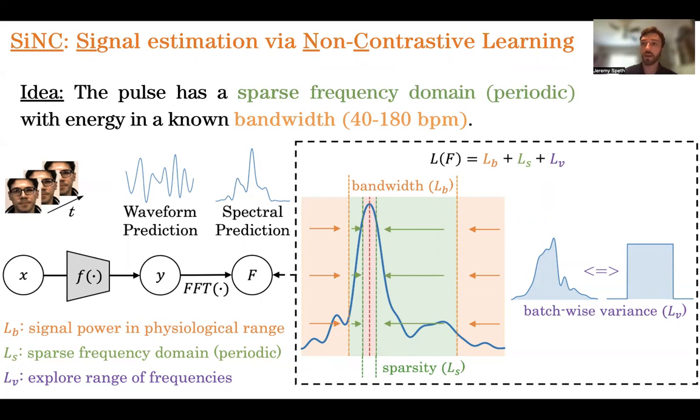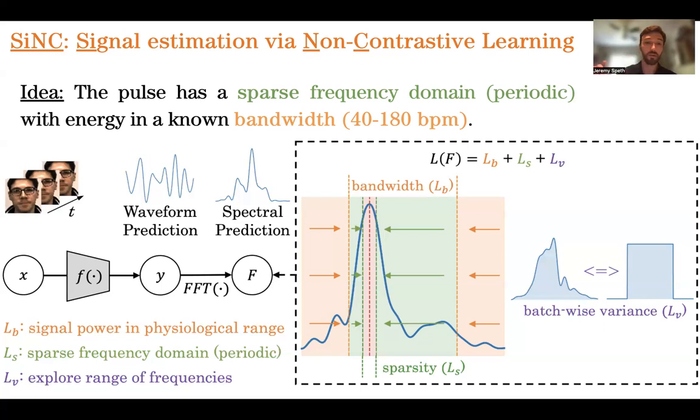And we also know that the domain is restricted for these signals as well. We know that a pulse rate shouldn't be, say, 500 beats per minute, and we're not going to find that in our data. So we can penalize the model for predicting frequency content outside of, say, 40 and 180 beats per minute. And we use three different losses here.